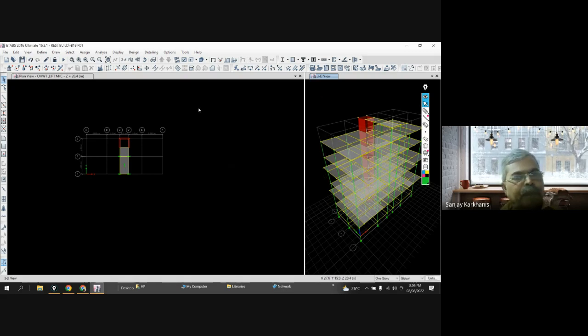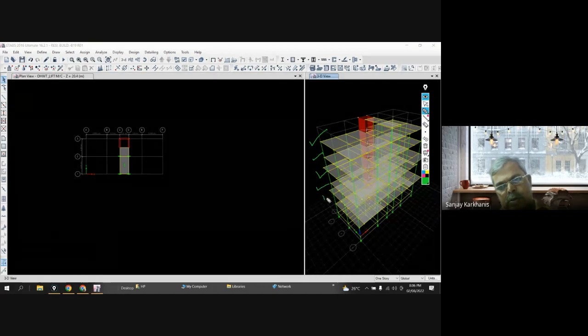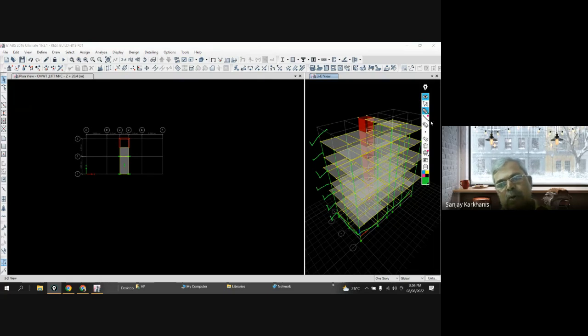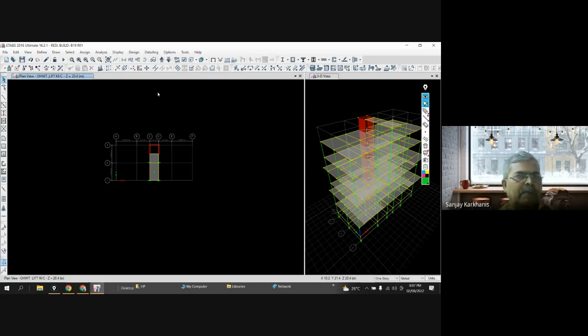Which one? All these. This one, this one, this one, this one, this one, this one, and this also. Right? All this you want to act as a rigid body, and that can be assured by selecting the diaphragm.